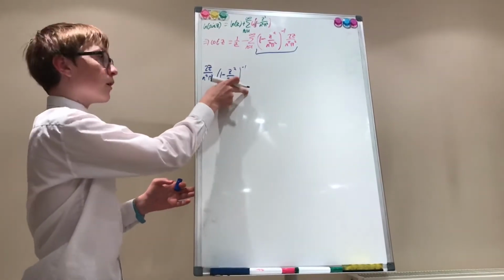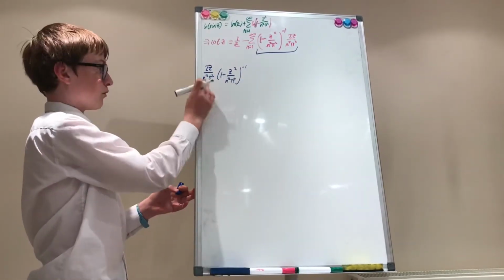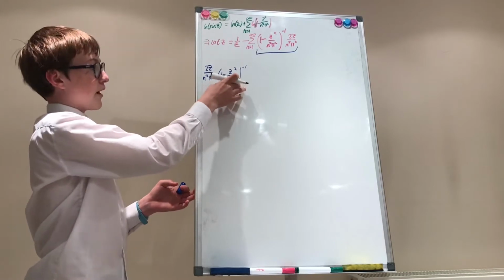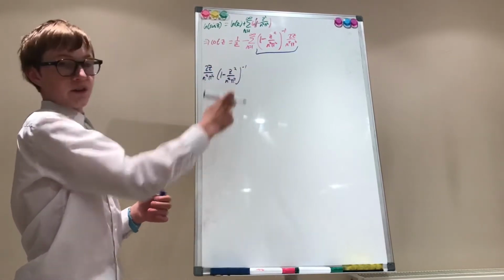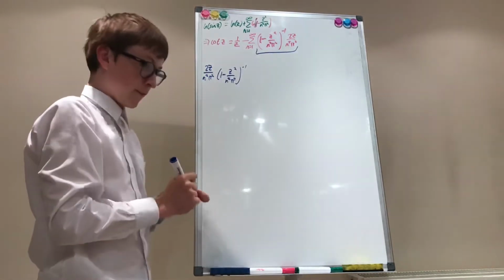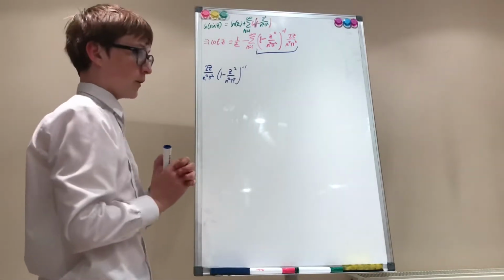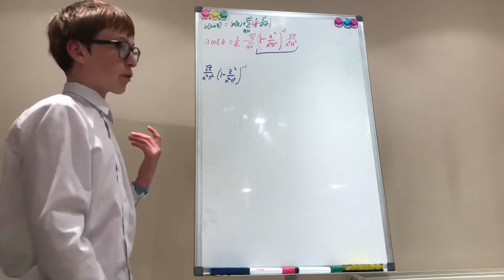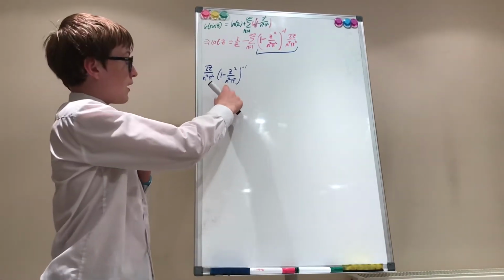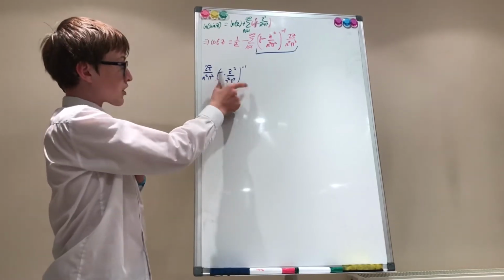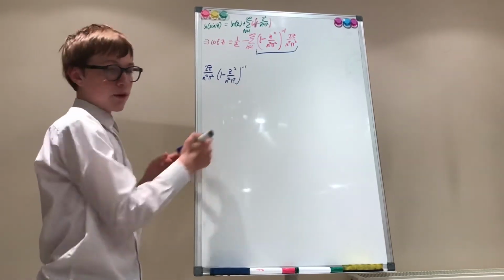Well, this part here is just some number. This is actually 1 over 1 minus this. And that will ring a bell if you've learned the infinite geometric series formula, which if you're watching this video you probably have. Okay? Because this is the common ratio. So actually this part can be written as an infinite summation.